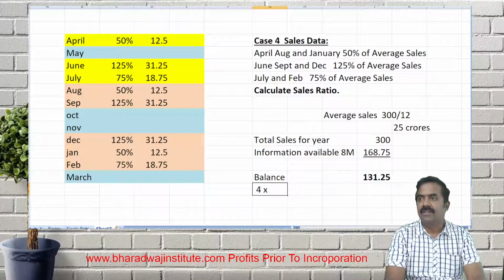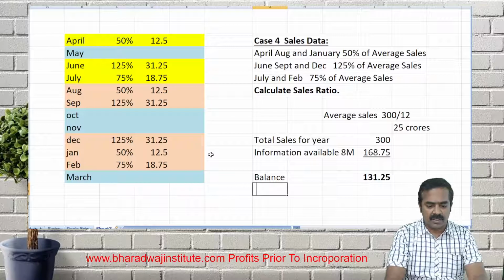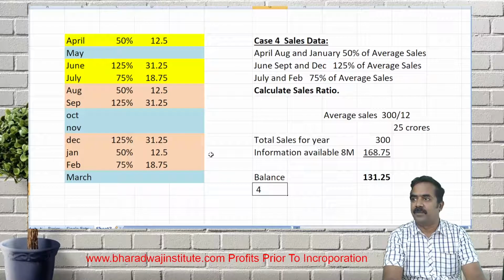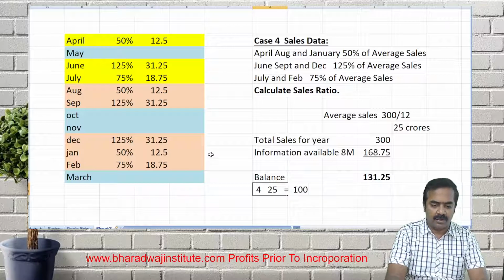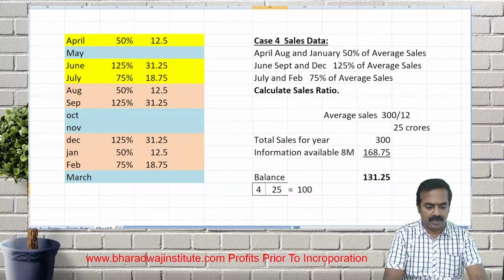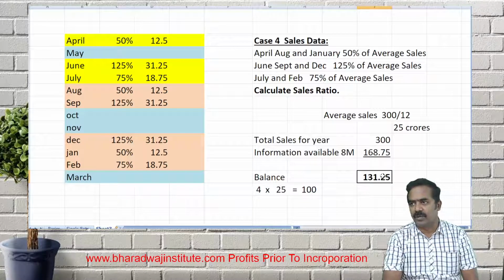Suppose you assume average sales, for the 4 months where information is not available, 4 into 25 crores would be only 100 crores. But the balance sales left is 131.25.